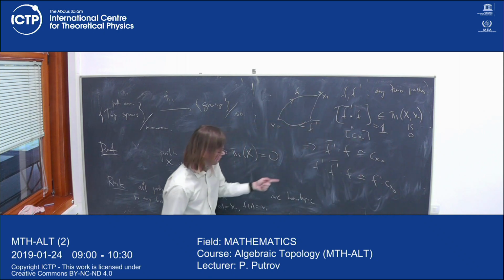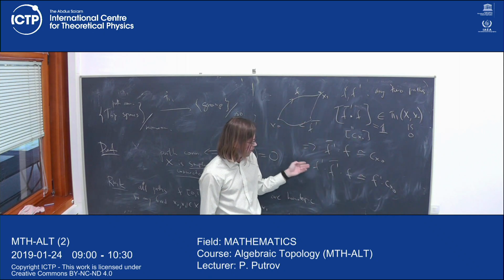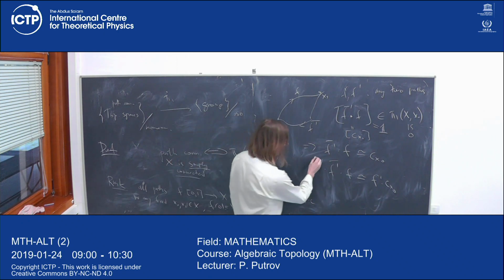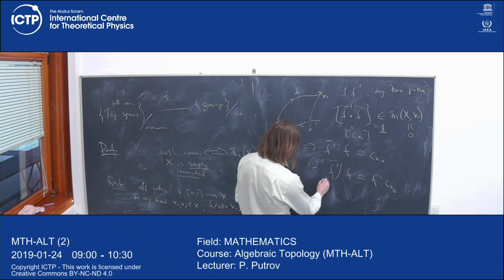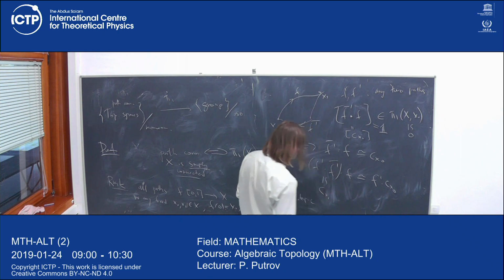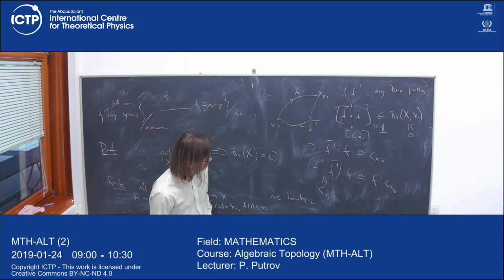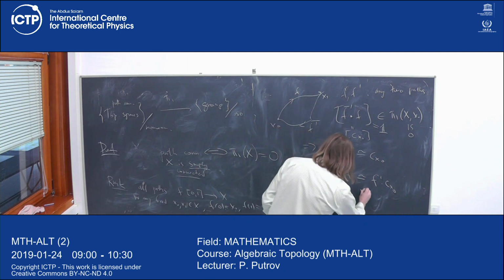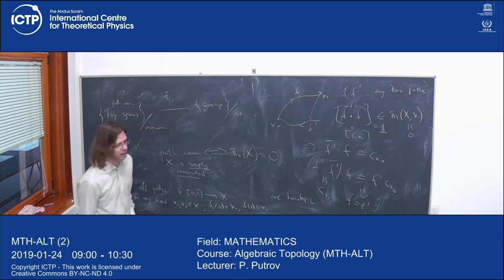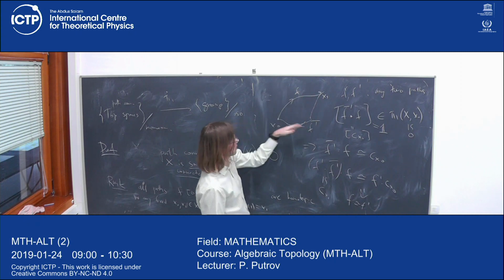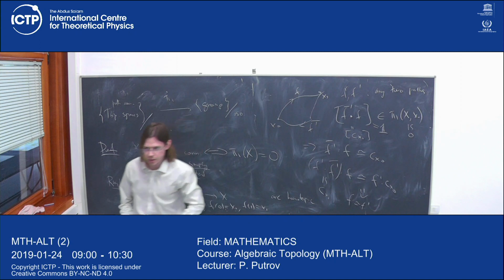If you consider paths up to homotopy, we don't care about the order of brackets. Then we can put brackets here, and this is homotopic to a constant path at x1. Basically, if any loop is contractible, it follows that this path can be deformed to this.